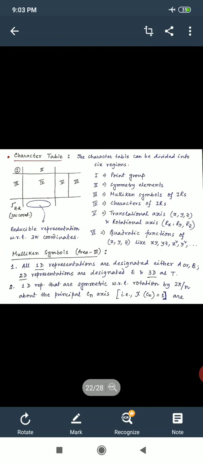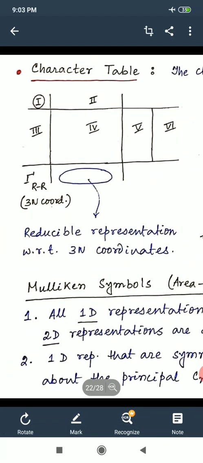Next, in our last class, we have discussed the character table. The character table is very important because 6 regions are there. In region number 1, we are mainly writing the point group. In region number 2, we are writing the symmetry elements which are present in this point group.